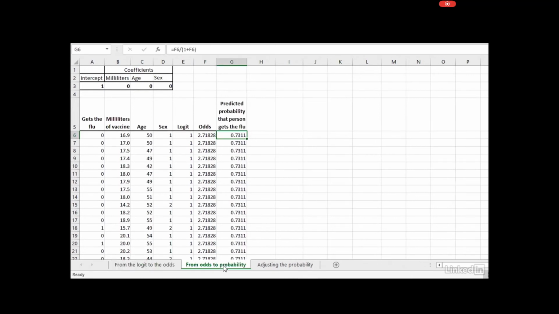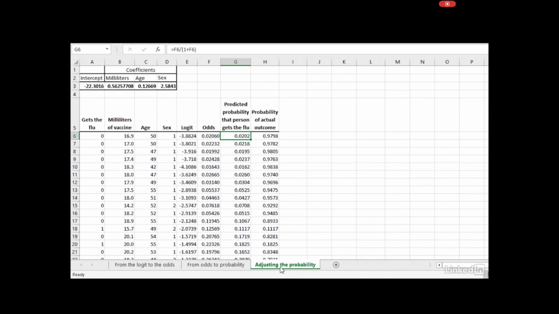Now, we still need to get from the odds to the probability, and that's just a function of using the simple arithmetic formula for the probability. We take the odds and we divide by 1 plus the odds, and that gives us the probability. But that probability needs to be adjusted. And here we've got temporarily the coefficients and the intercept that have been optimized.